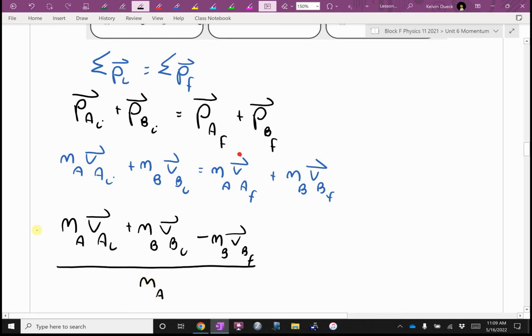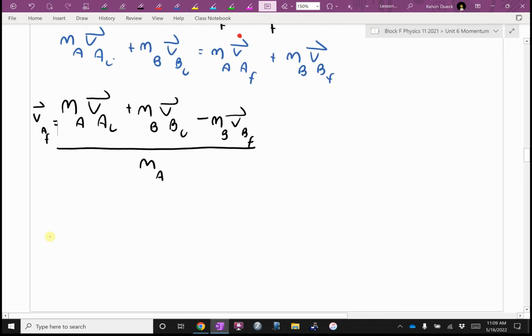And then, if you don't mind, I'm going to put the VA final over here, because that's where we're used to seeing the thing by itself. This may seem like a lot of work, but it's pretty similar to what we just did in forces, and it's just more complicated plug and chug. So let's actually get our answer.